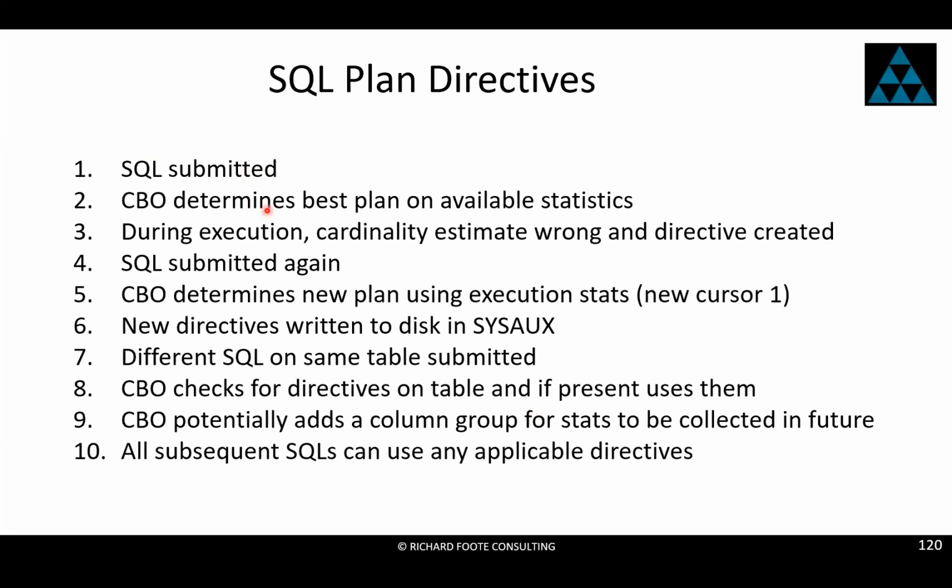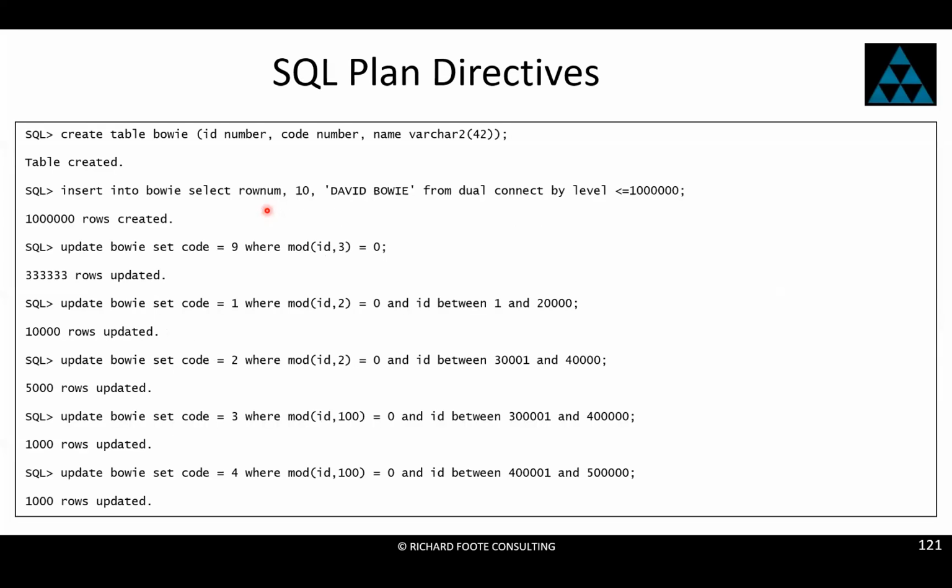Other queries can use them. It's not just tied to the one SQL. And more than that, these stats can then get written permanently to disk. So not only do you keep them, but if you shut down and restart your database, you still keep these statistics. So we get much more accurate statistics, and it's permanent. It's not this on and off type of thing that we had with cardinality feedback.